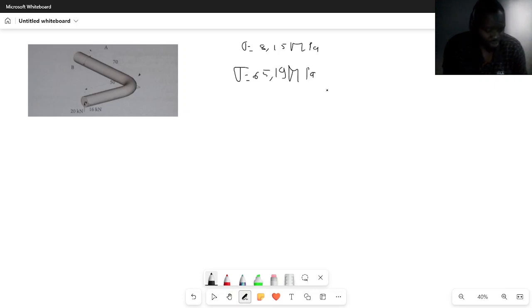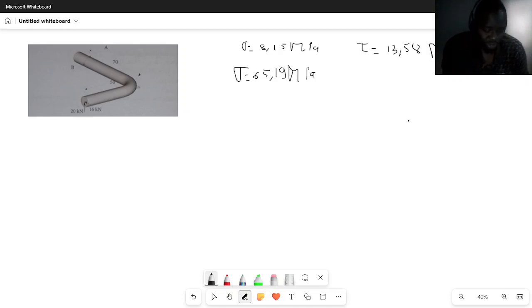Okay, what else did we have? We had shear force due to 20 newton, which gave us 13,58 megapascal. Guys, how many of you do not see what I'm writing?